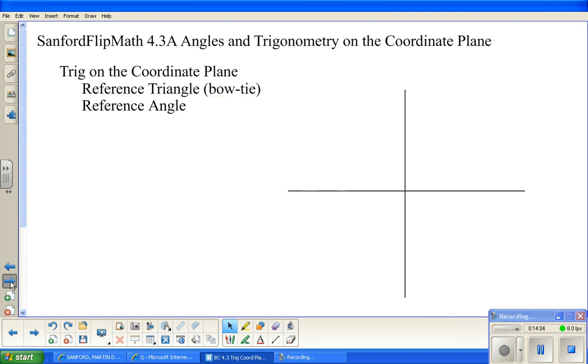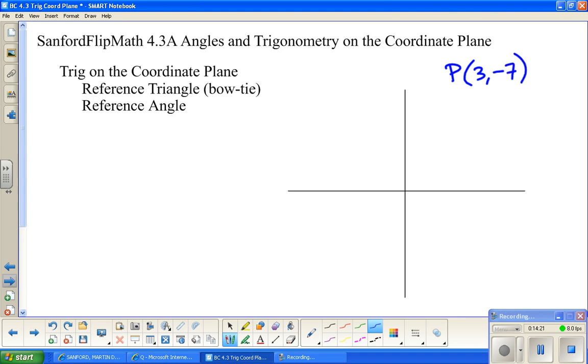Okay. All right. Well, let's do a little example. We'll pick something similar to what you see in your book, and I'm going to give you an ordered pair. So let's do 3, negative 7.